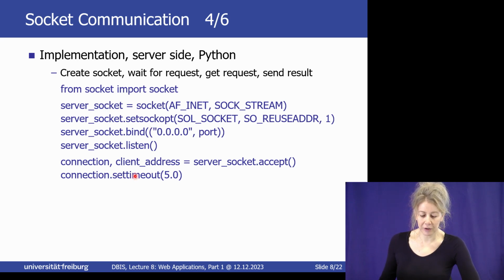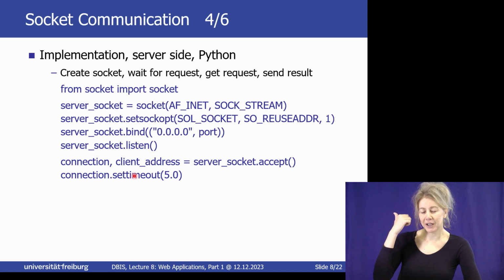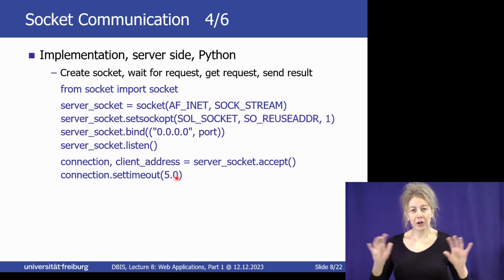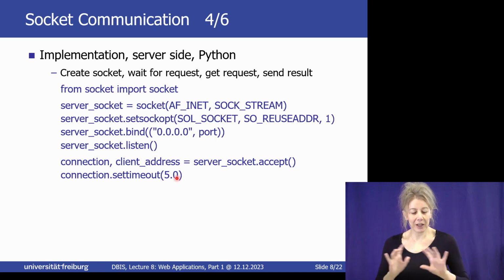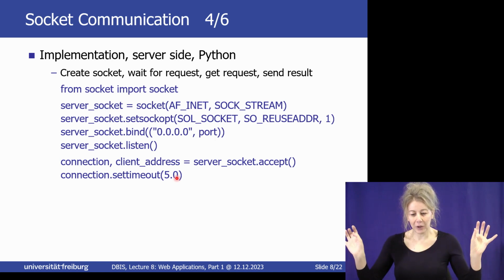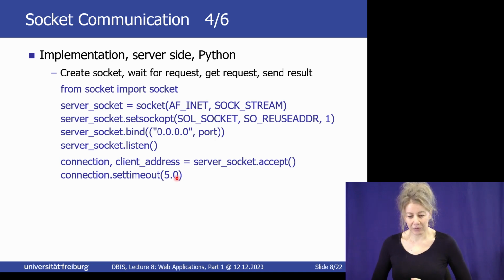That's also important. Maybe someone calls you and then there's no one on the other side, just heavy breathing or no breathing or I don't know what. Somehow I have to say, okay, if nothing happens for 5 seconds, I will move on to the next. Especially important for our code, we will not do multi-threading today, right? Normally, a lot of people are asking you and then you have like 10 threads waiting for requests, or if you have a request and you work on it in a separate thread, you're ready to work on the next one.